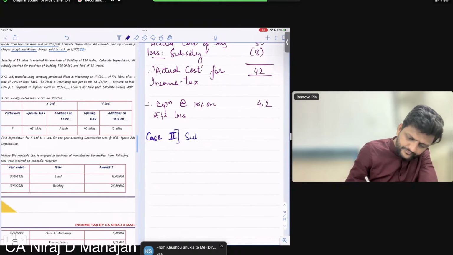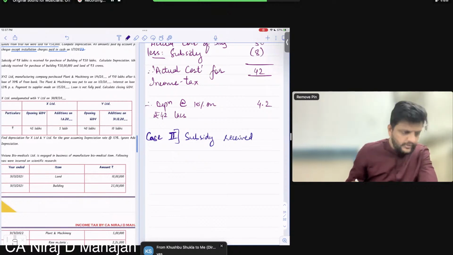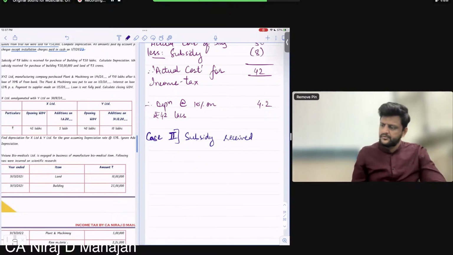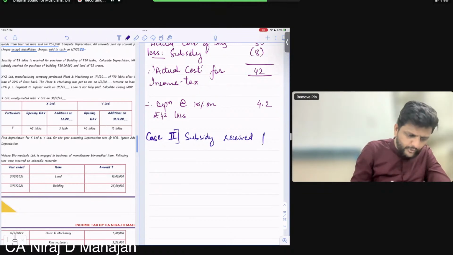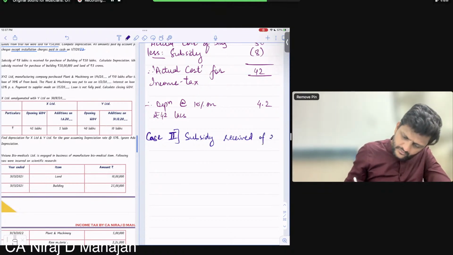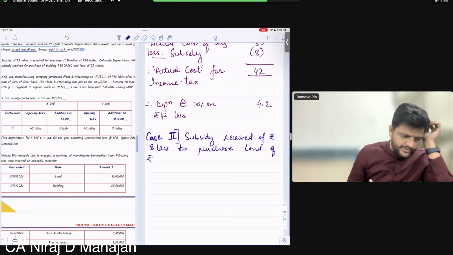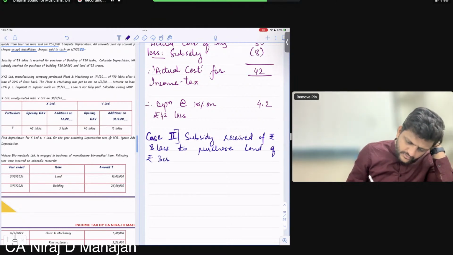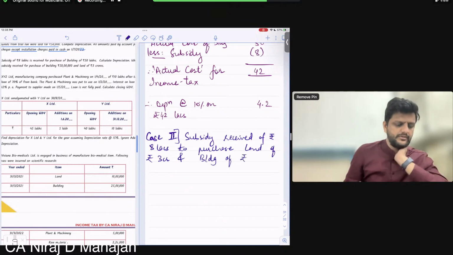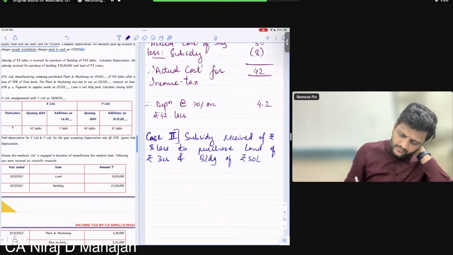Case 2. Subsidy received of rupees 8 lakhs to purchase land of rupees 3 crores and building of rupees 50 lakhs.